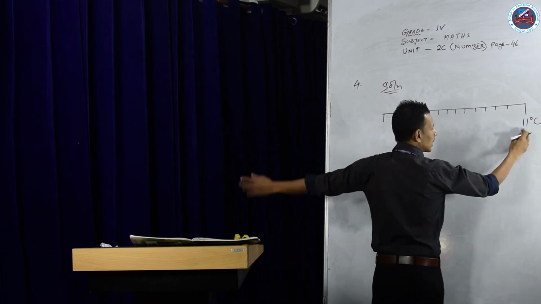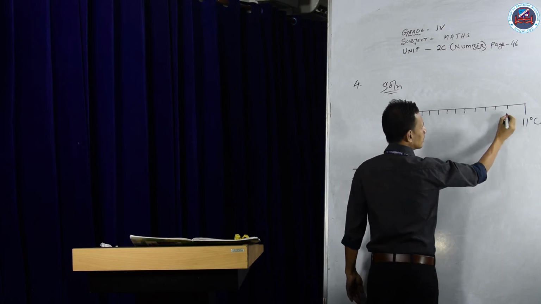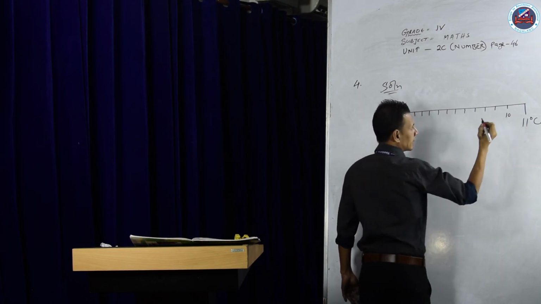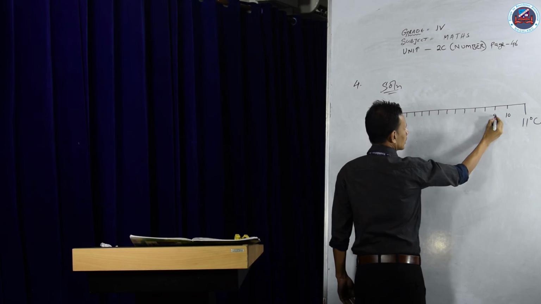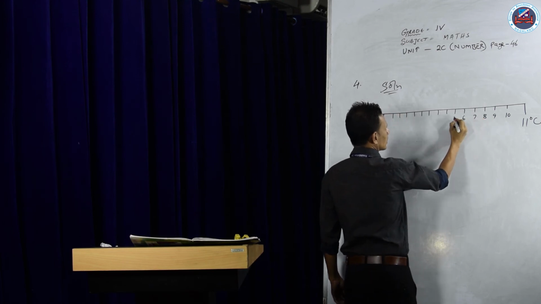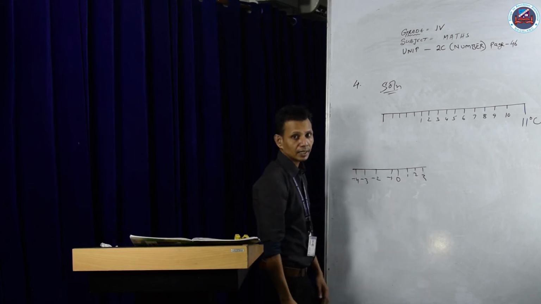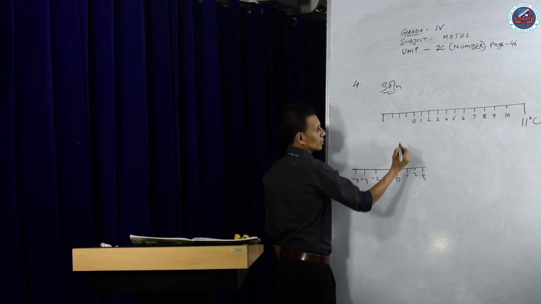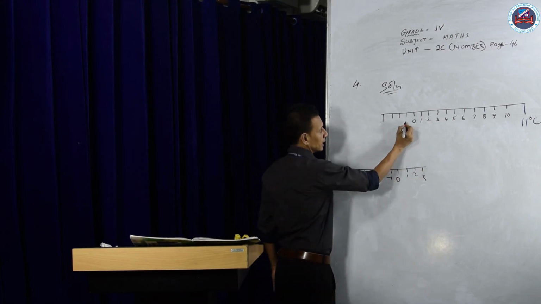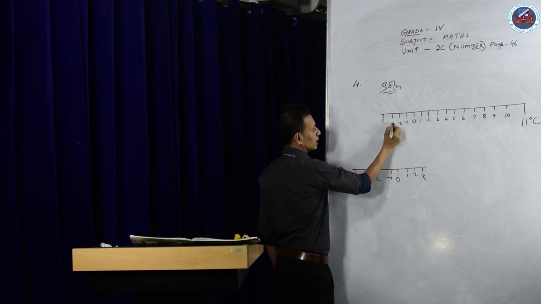As we are moving to the left, use the number line: 11, 10, right? 9, 8, 7, 6, 5, 4, 3, 2, 1. After that, 0. After that, -1. This will be -2. This will be -3.